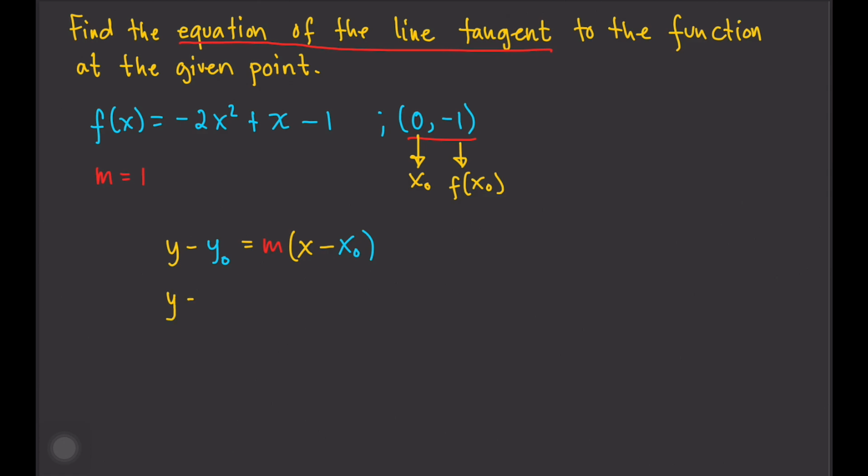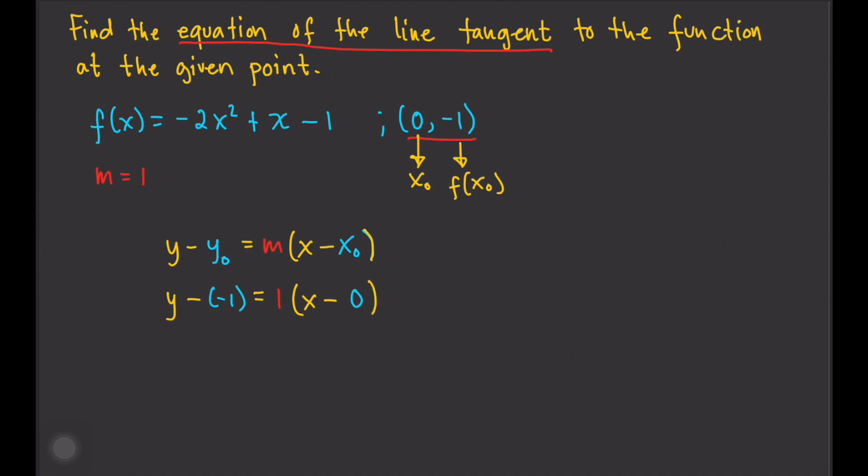So y minus y sub o is the same as f of x sub o, and that's -1, so let's write that. M is 1, so let's write that here. Then x minus x sub o is 0, so let's write that here.